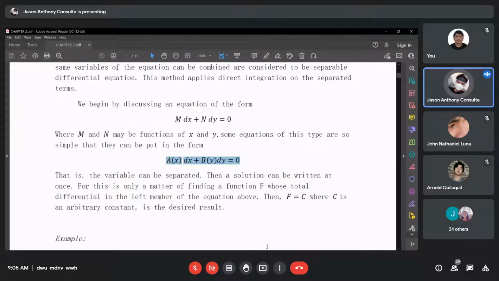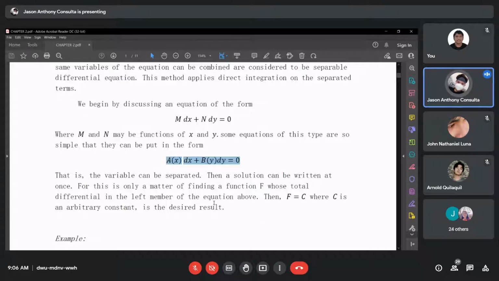That is the desired result. So yun yung hahanapin natin, okay? When we solve a variable separable equation, we are going to find c. Then after finding c, we are going to substitute it to the original equation.